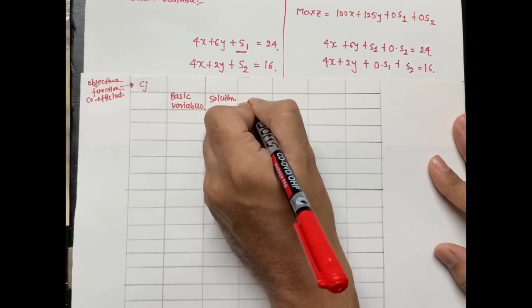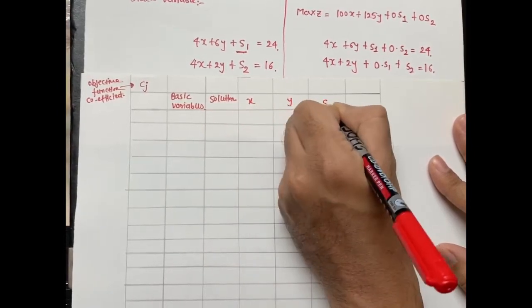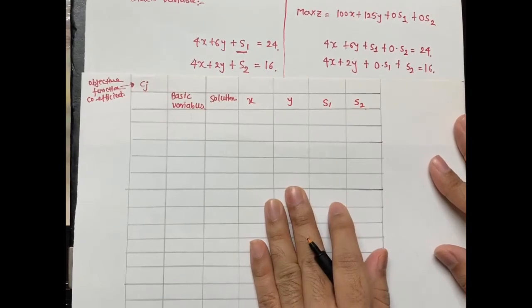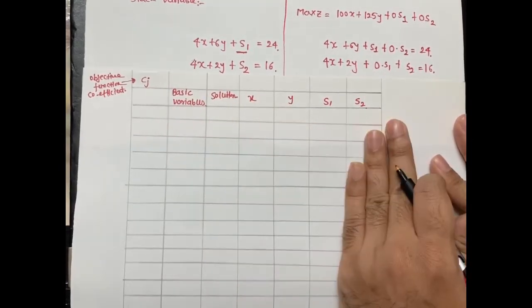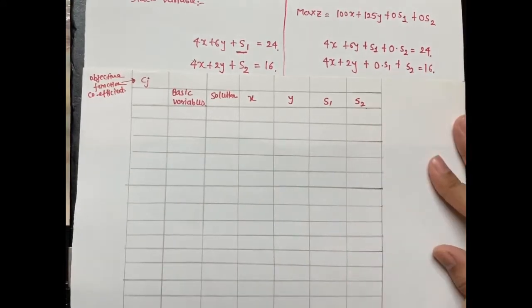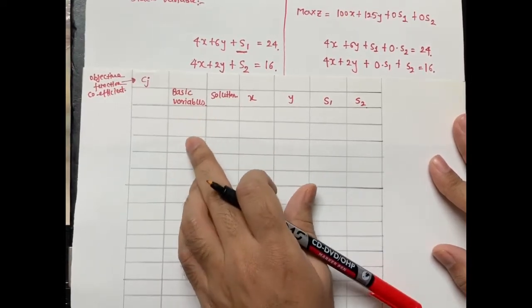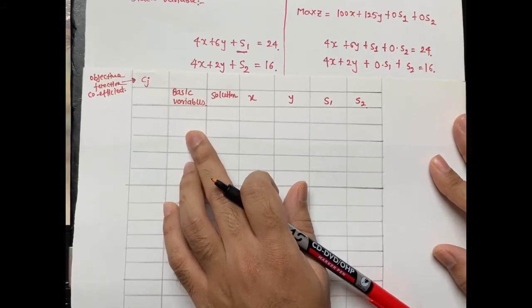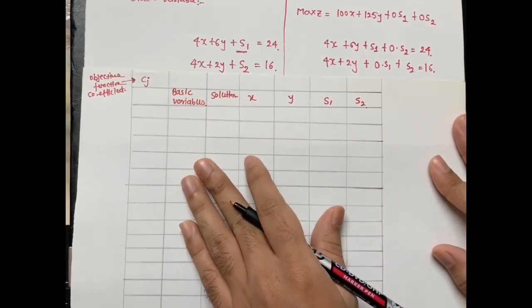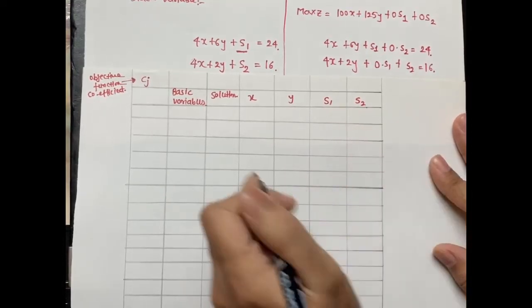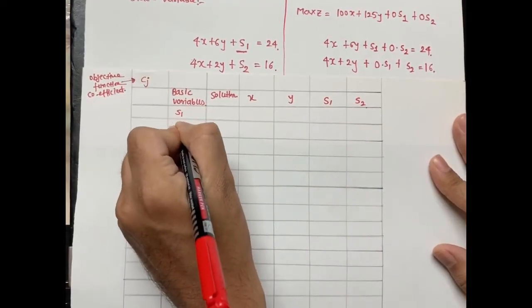So decision variables, I have X, Y, S1 and S2. So this is the structure that we have of simplex table. Initially, the basic variables that we have to take here are S1 and S2. We have to begin with the slack variables S1 and S2 as the basic variables.